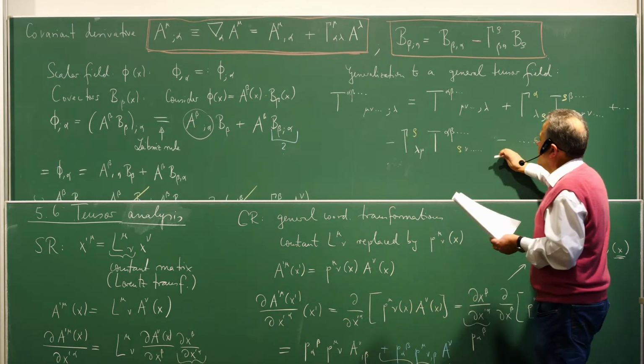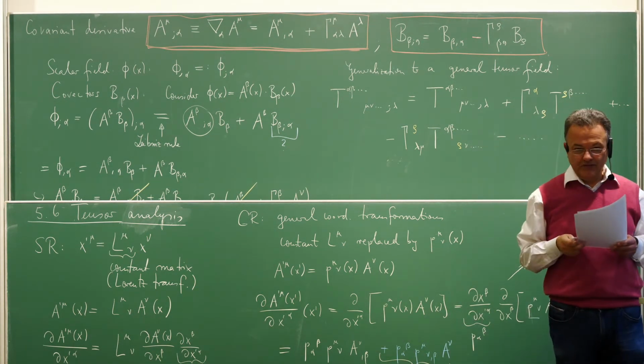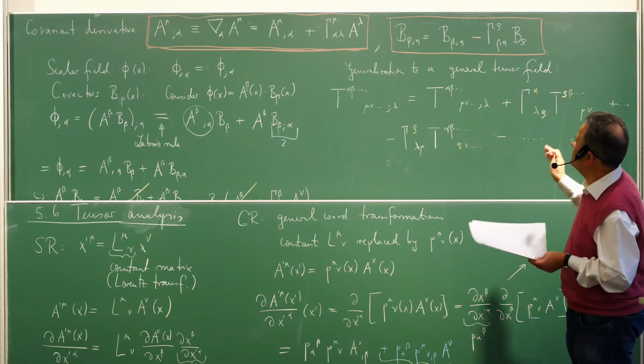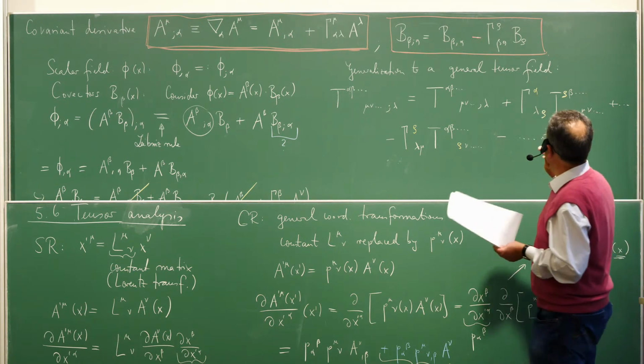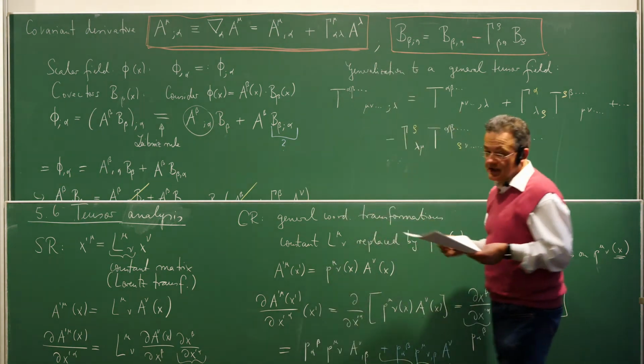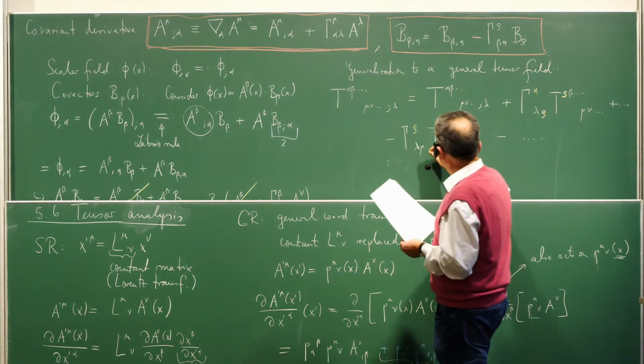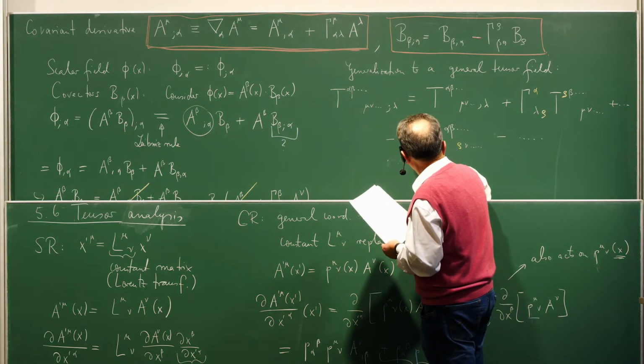Now, I think it looks a little bit awkward with all these indices, but I think the rule is clear. You apply these two rules separately for every index. Here, I should also have this μ. Okay.